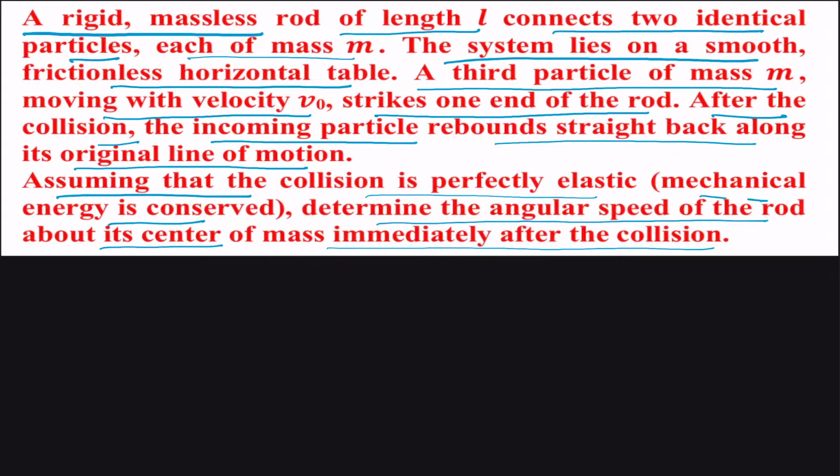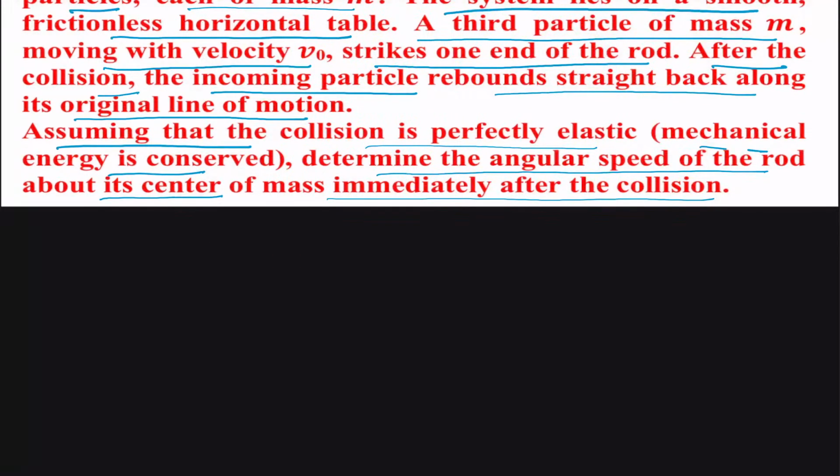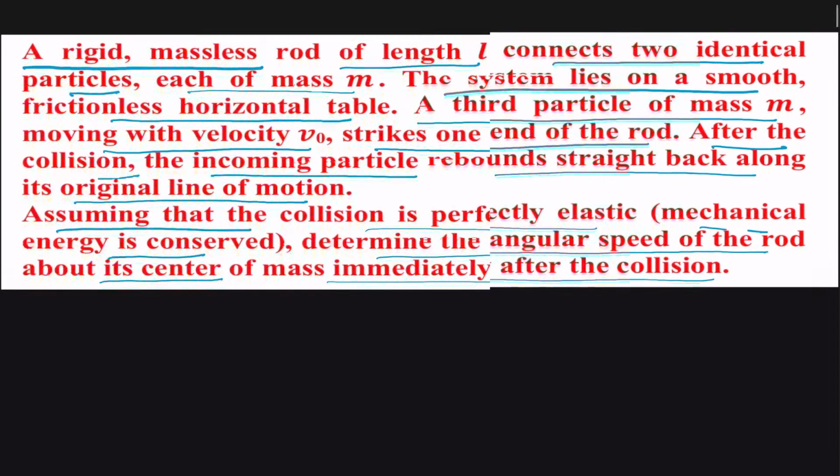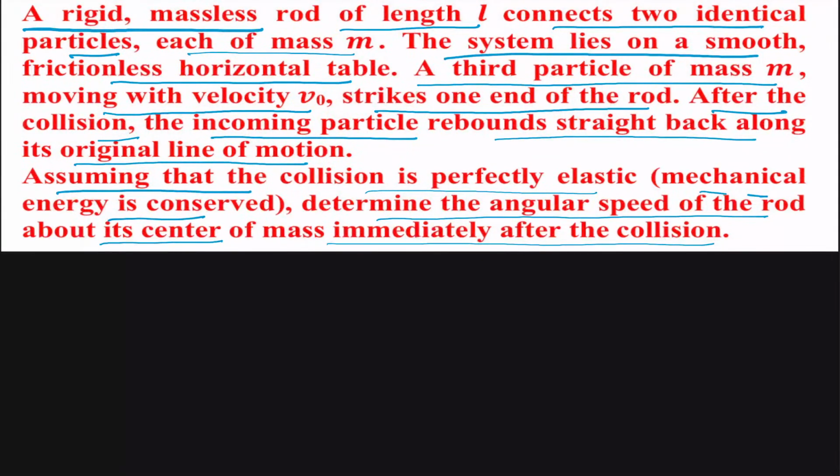So this figure is there, but I forgot to paste it. So basically we are given that we are having two masses, and they are connected by a rod whose length is L. Suppose this is the first mass and this is the second mass.